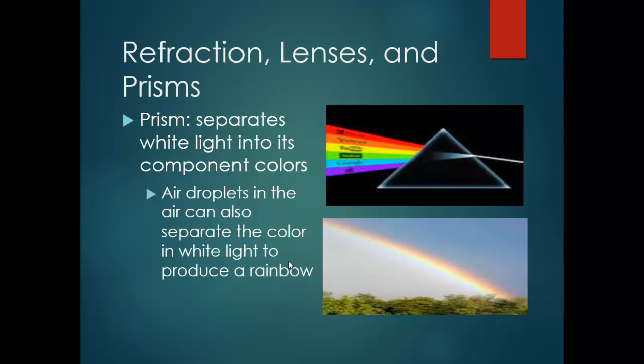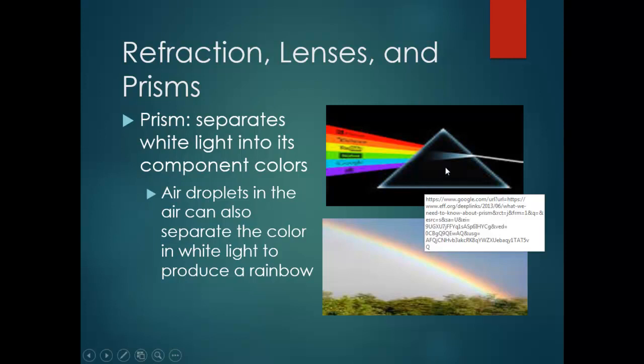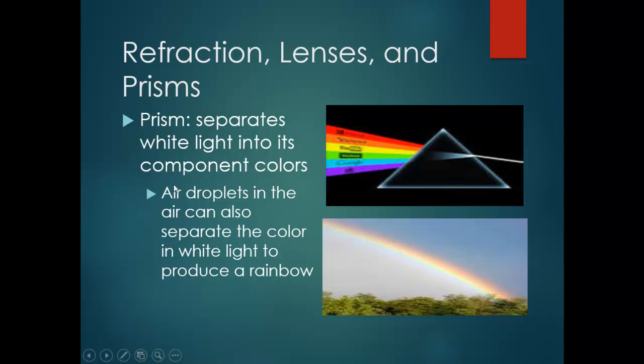Prism. What is the function of the prism? Did you see the prism in this picture? It separates white light into the 7 spectrum colors. The prism separates the white light into component colors. Drops of water in the air can also separate light after the rain falls, so the drops of water held in the air work as a prism.